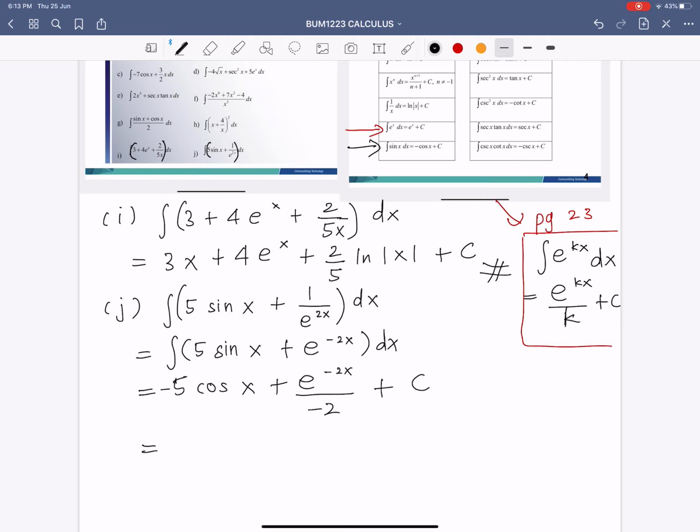So this is equal to negative 5 cos x minus, remember for our final answer, we try to avoid negative power. So we will rewrite e power of negative 2x over negative 2 as 1 over 2 e power of 2x plus c. Alright, so this is the answer for question J.